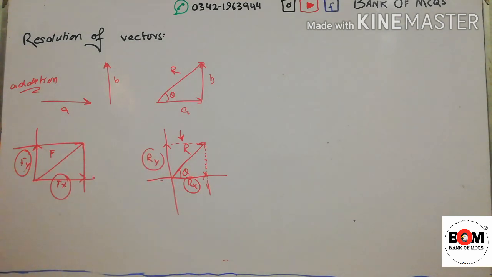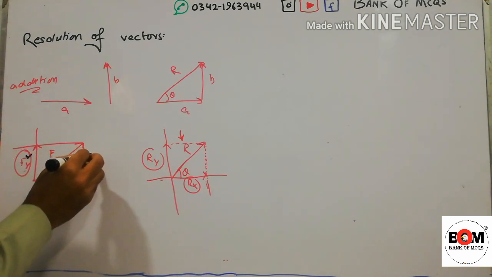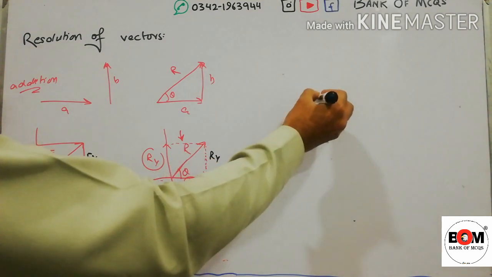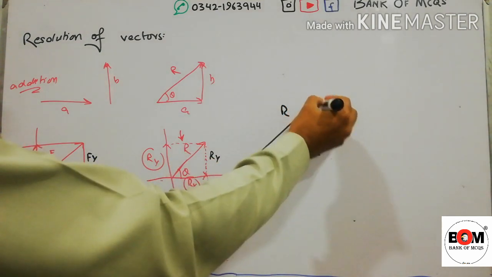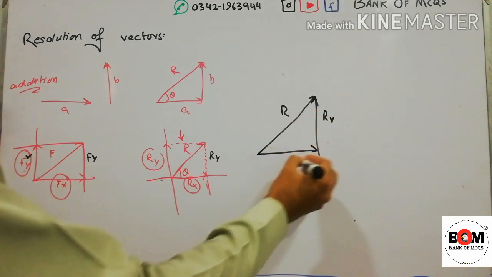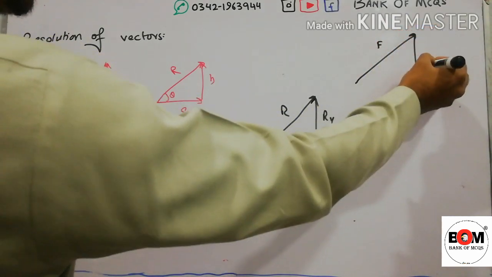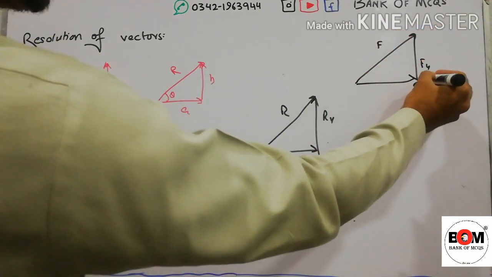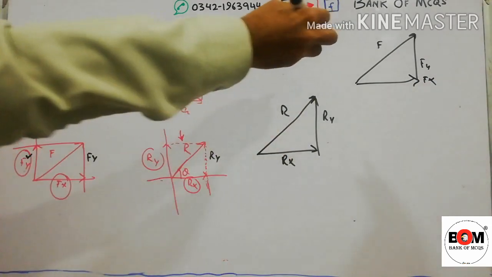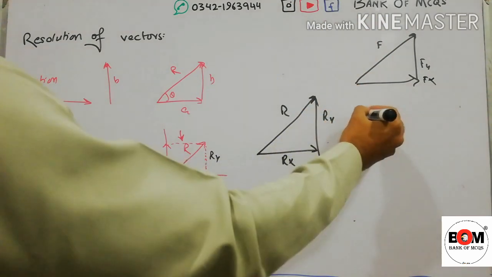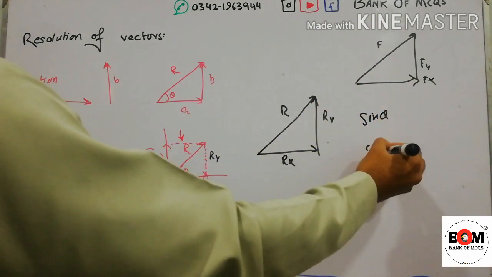We can draw this diagram as R, Ry and Rx, or for F we will draw F, Fy and Fx. So we have this triangle in which one angle is 90, and we will find sin theta, cos theta and tangent theta.